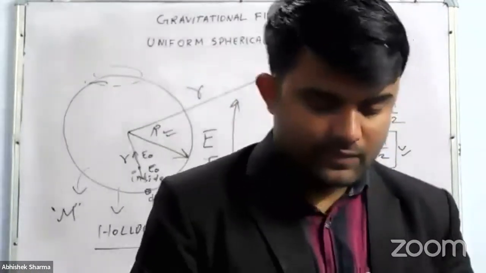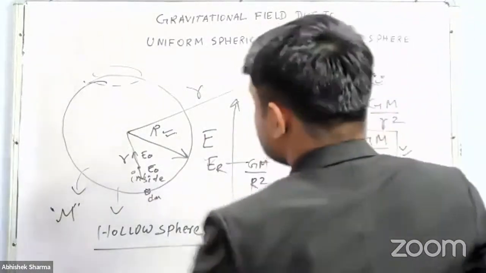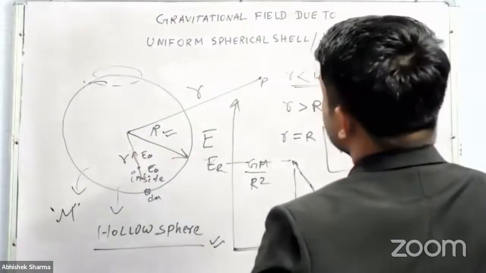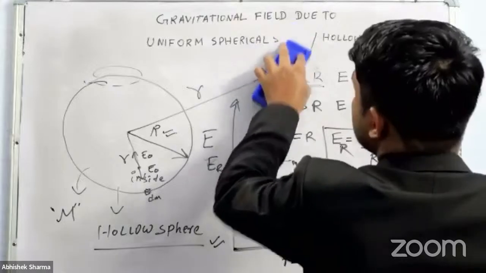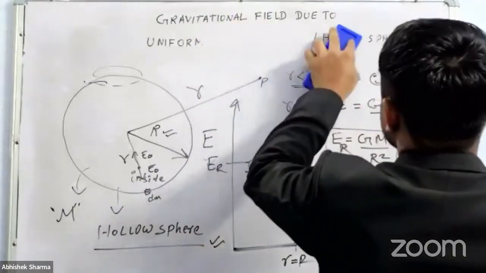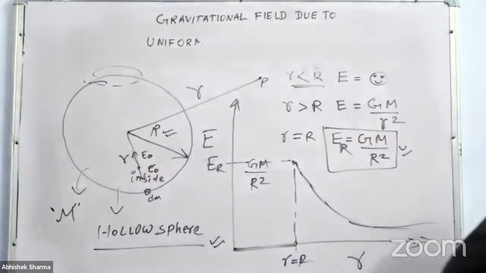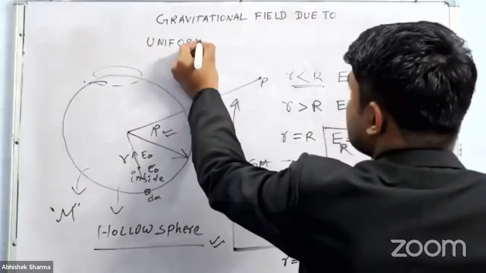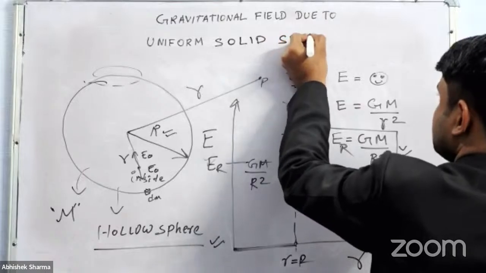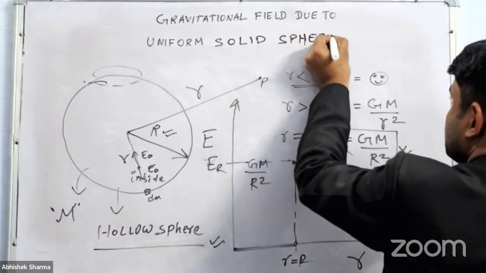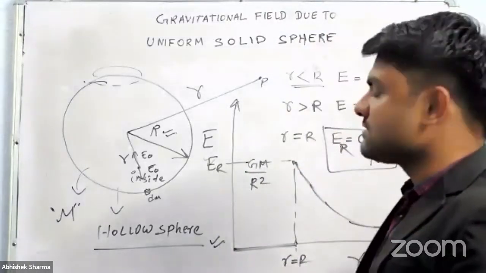I hope you have noted the things in a very well structured manner. Now we'll be going towards a uniform sphere, the gravitational field due to a uniform solid sphere.